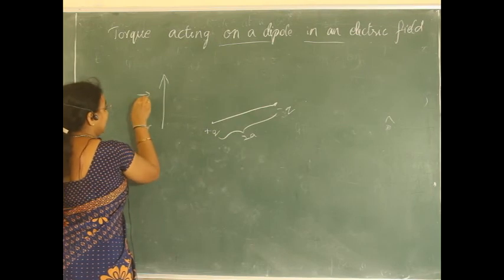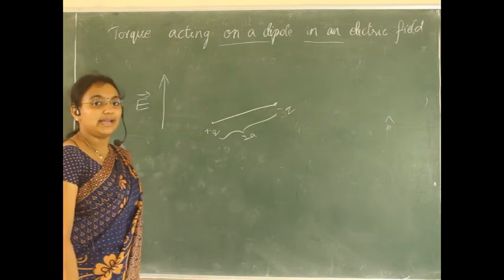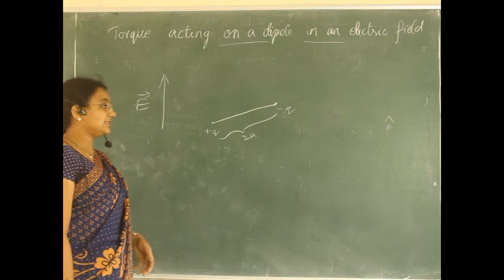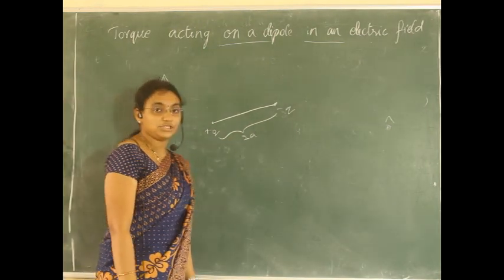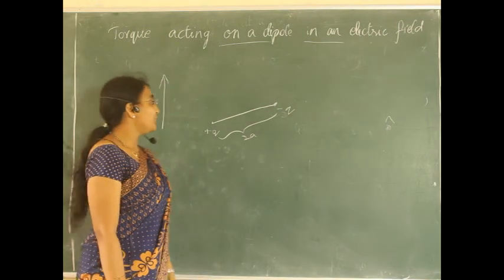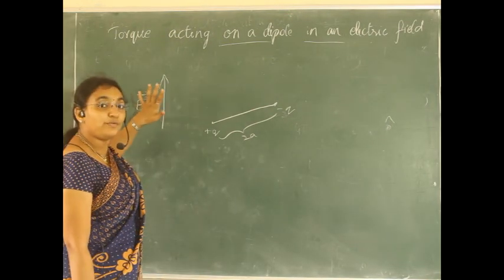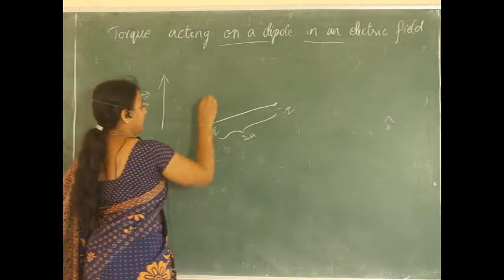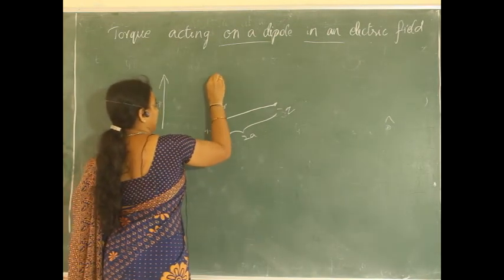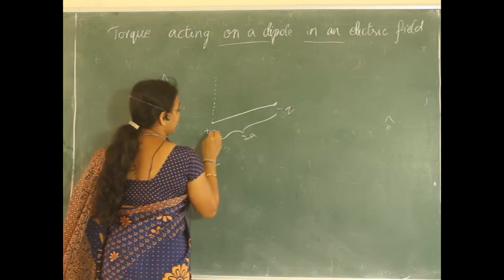Let this be the direction of the electric field. So we have considered a permanent dipole, plus q and minus q, separated by the distance 2a, in a uniform electric field. This is the electric field.